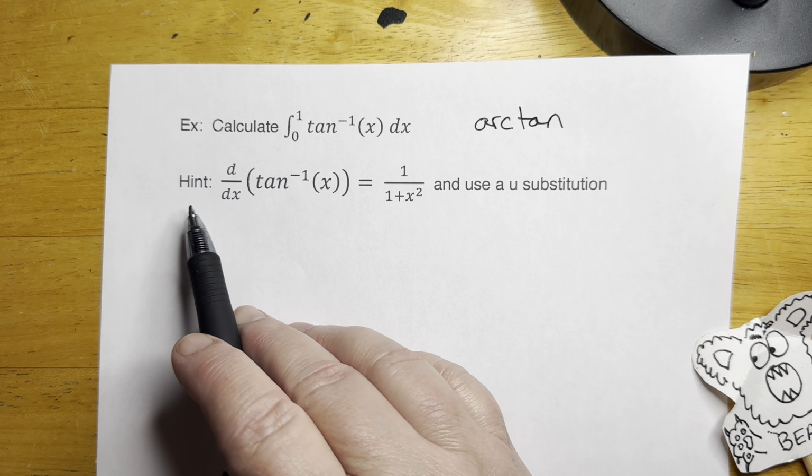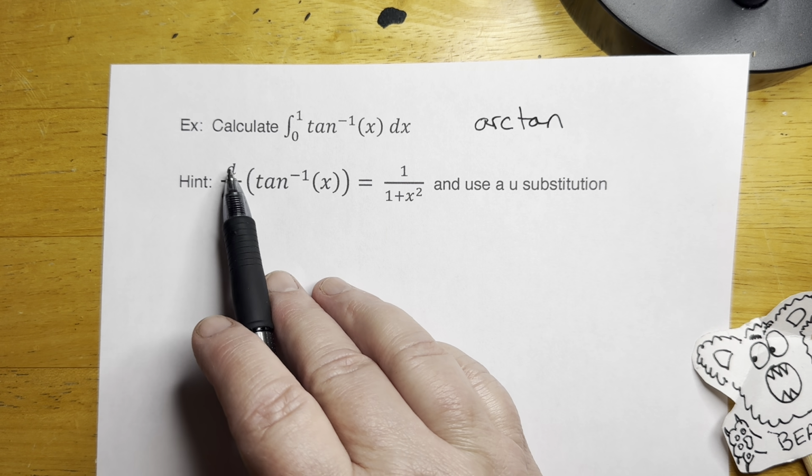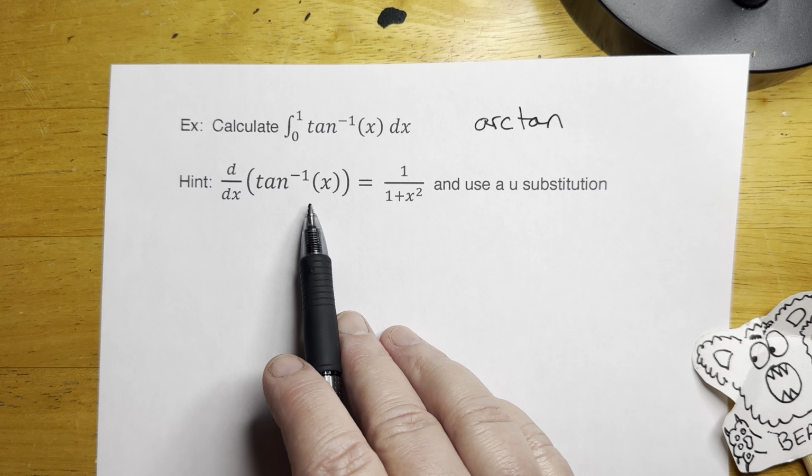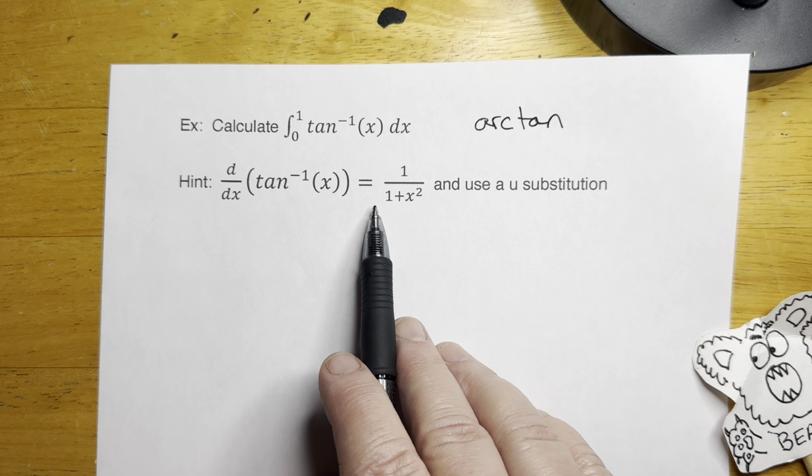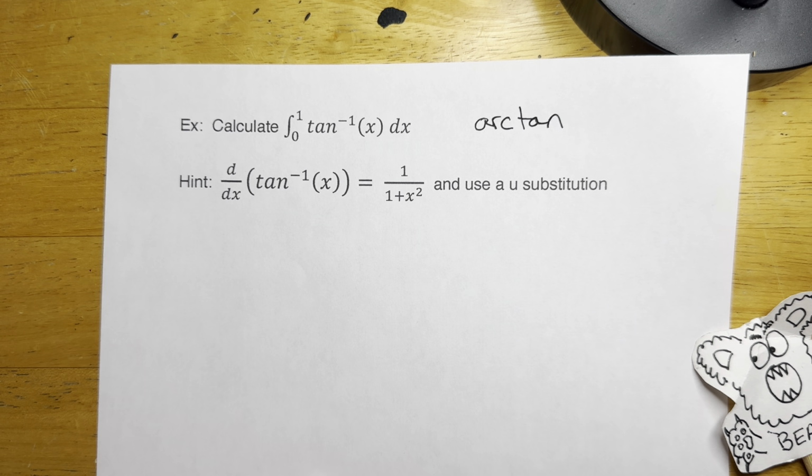However, I've got a little hint, and the hint is that the derivative of the arctan is 1 over 1 plus x squared. Now, hopefully you're looking at that and thinking, that's interesting.